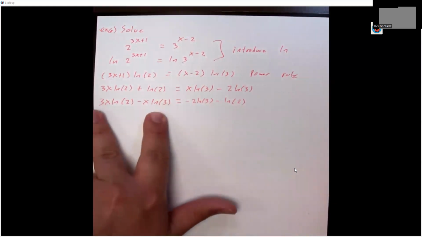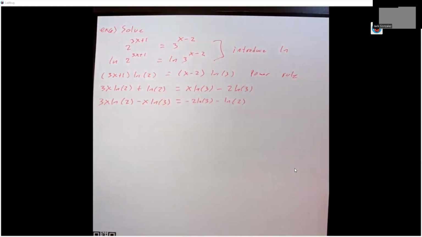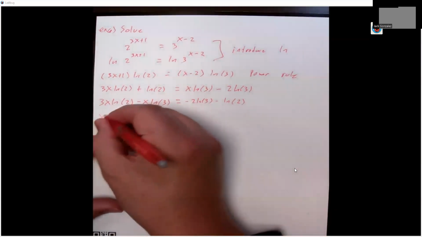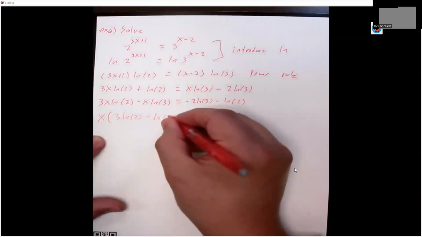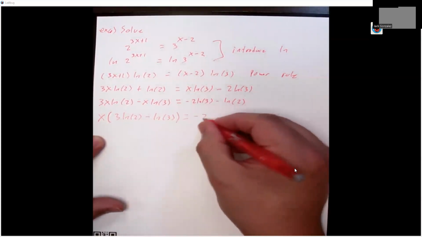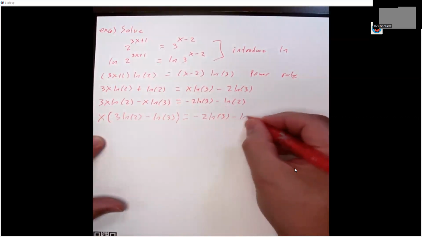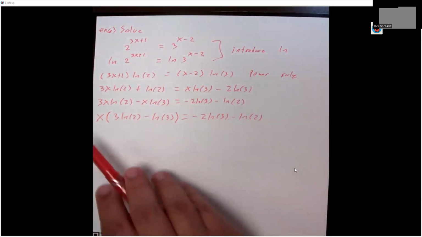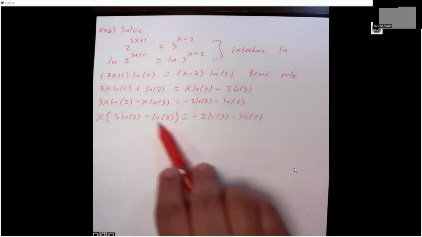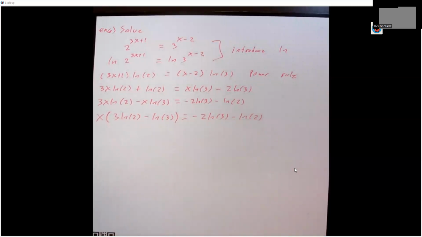So now I have all the x terms on the left. So at this point, you have to factor, because you want to isolate x. So at that point, just divide this off, because this is just some weird looking number. Just get rid of it, and you'll have x.